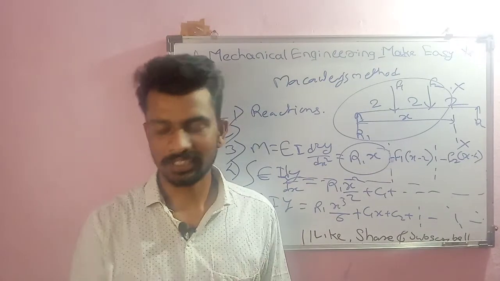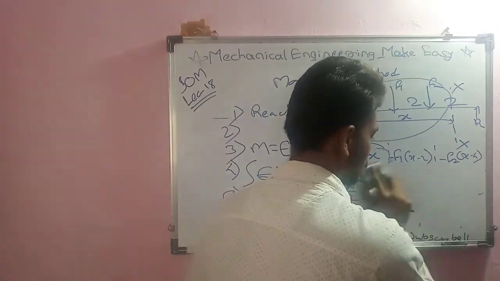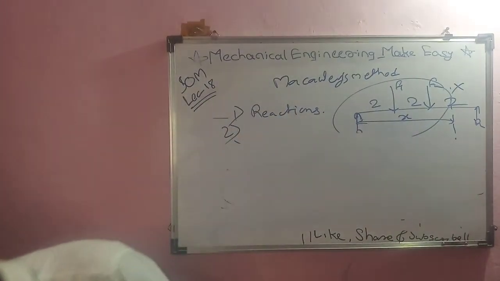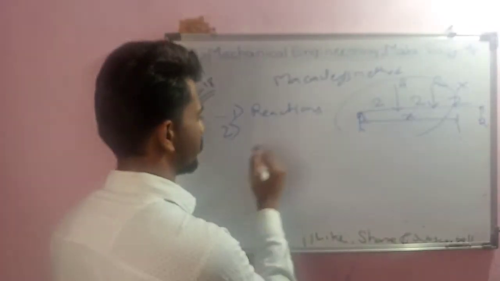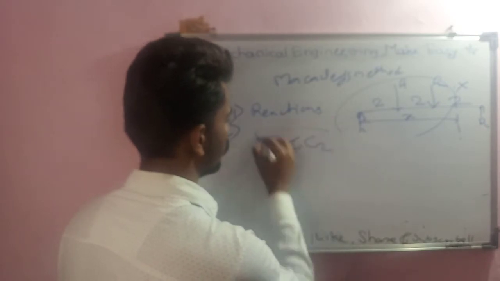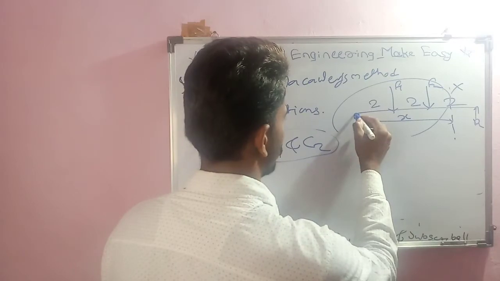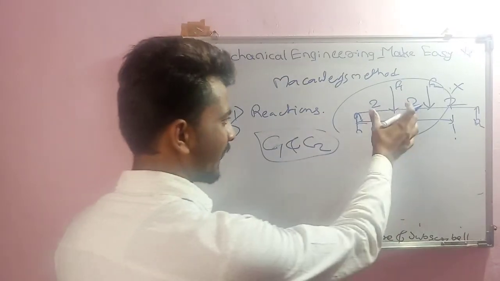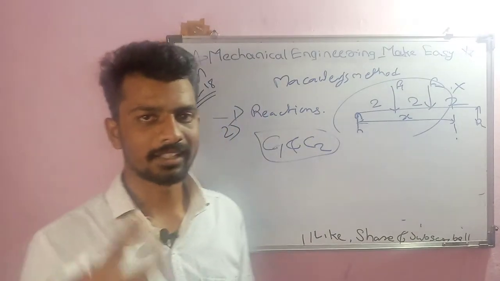So from these equations, take a snapshot of this, I will be removing it. From these equations, we come across two constants, C1 and C2. So we will substitute boundary conditions, like at the support the deflection is 0, and likewise depending on the considerations of the beam, we will get at least two boundary conditions.